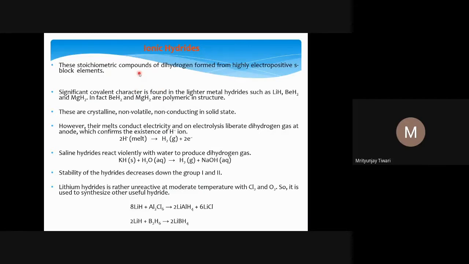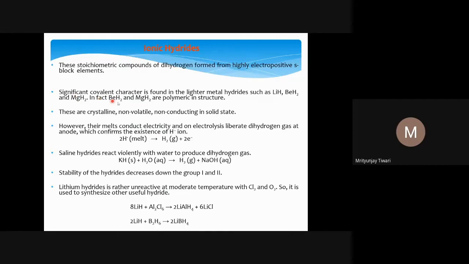And they are stoichiometric, which simply means that the ratio of the atoms of metal and hydrogen in the compound is a simple whole number, it could be 1 to 2 or 2 to 1.